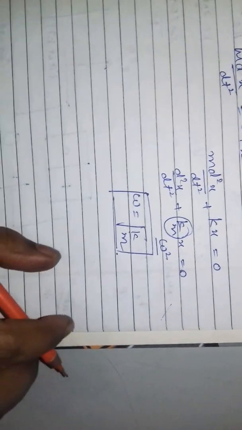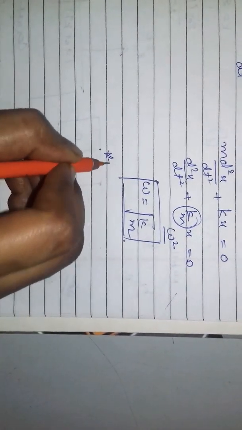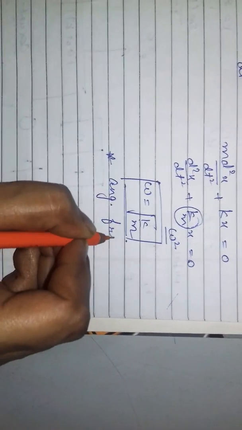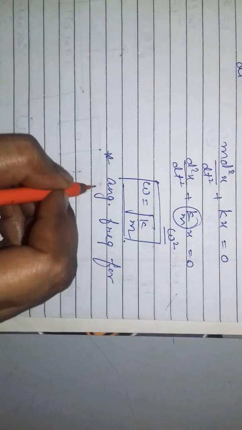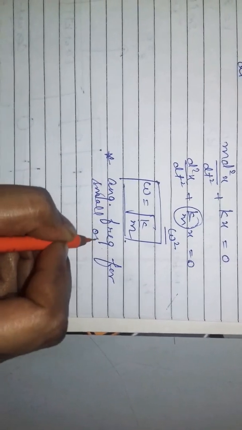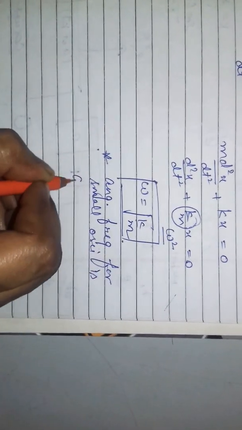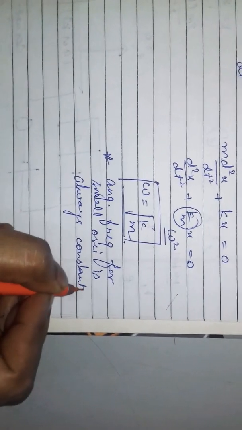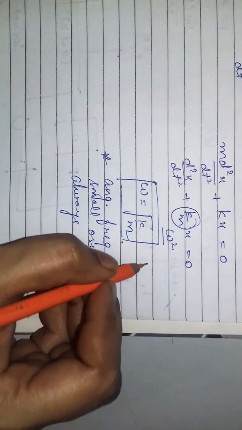So one important point you should note here: angular frequency for small oscillation is always constant.